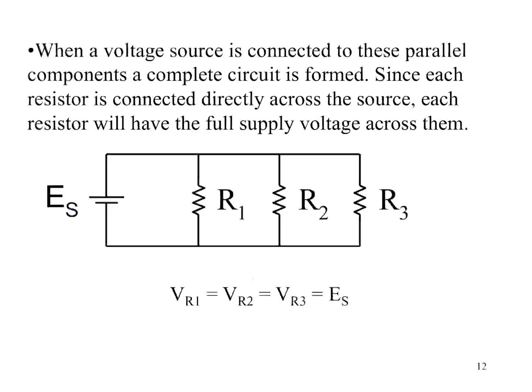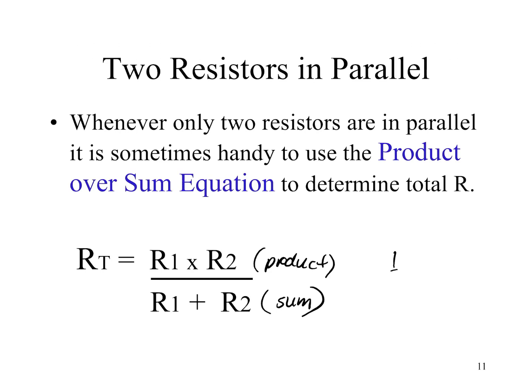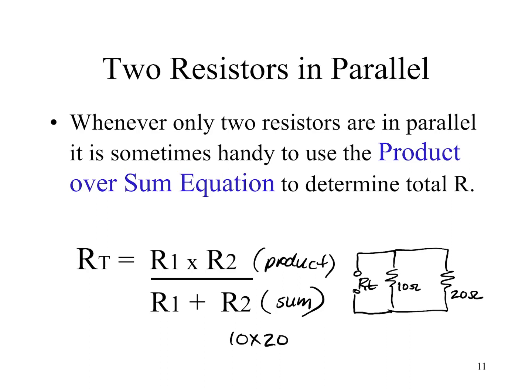So if we look at applying that to any circuit, let's just say we have 10 ohms in parallel with 20 ohms, and we want to know the R total value. Well, we can say 10 times 20 over 10 plus 20 is going to give us the result. So that's 200 divided by 30, giving us 6.67 ohms. And so that's the result of product over sum.